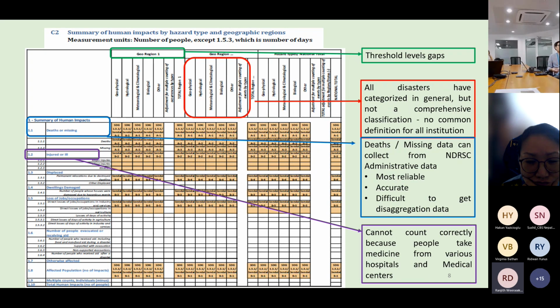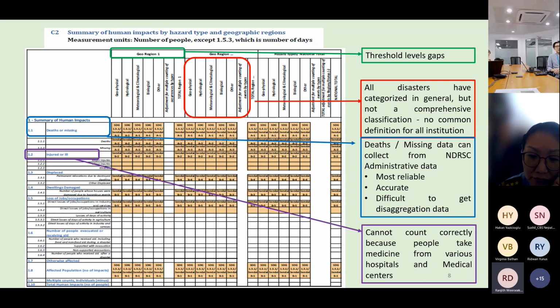And another one is death and missing. Death and missing data can also be collected using NDRSC administrative data. This data is also most reliable, accurate, and verified by the 3 levels, so we can use this data for filling the death and missing columns.